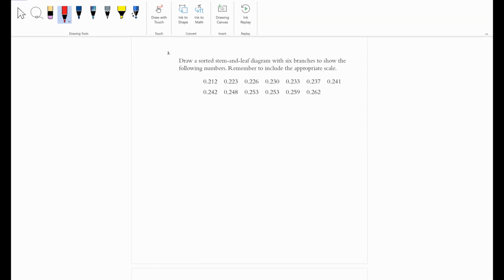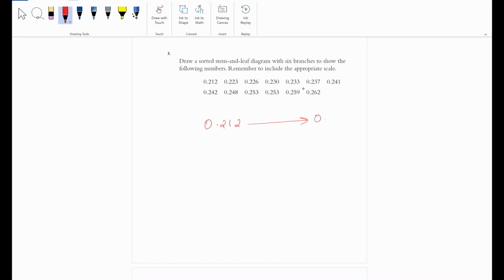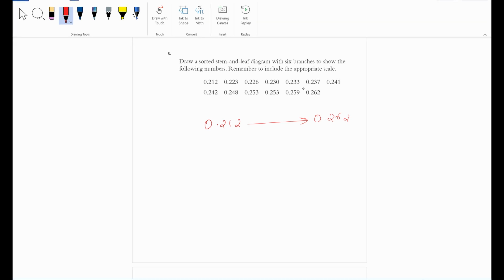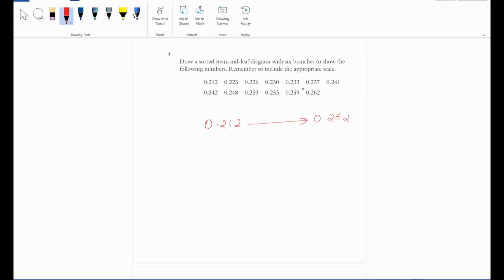The smallest value is 0.212, and it ranges all the way to 0.262. Whatever key you choose, the smallest digit will be placed in the leaves part, and the stem contains the first few digits.